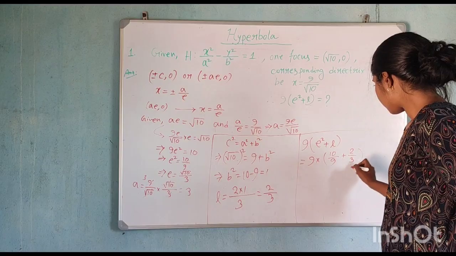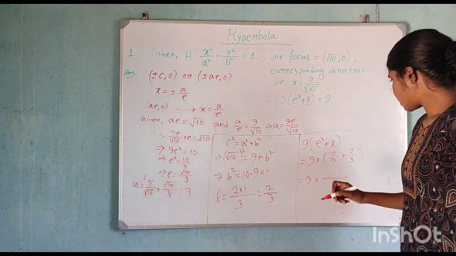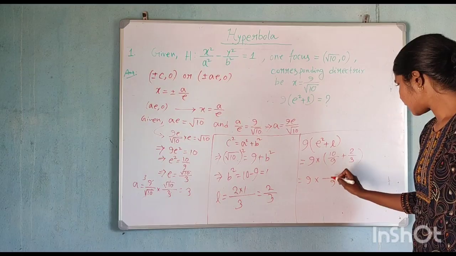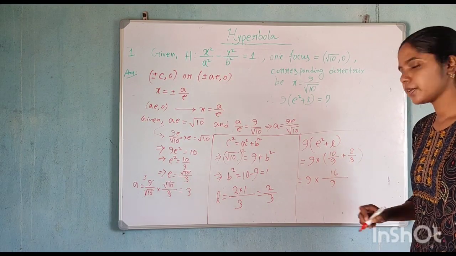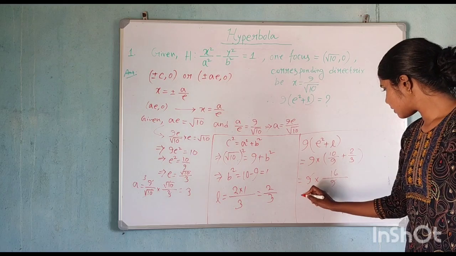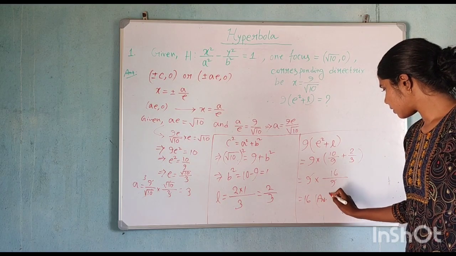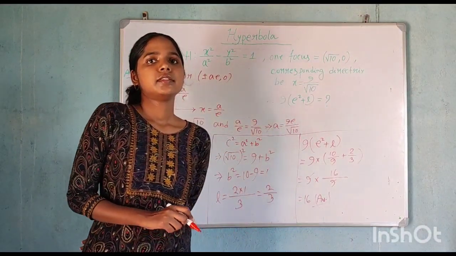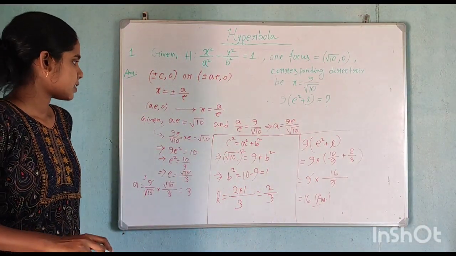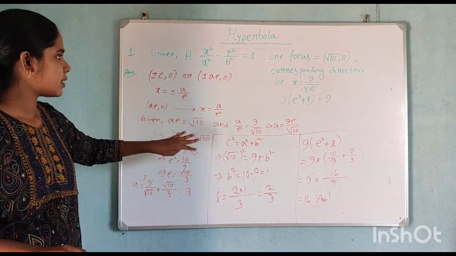So 9 into, do the sum: 10 plus 6, 16 by 9. The 9 cancels out. It will be 16, so this is our answer. You can see the option. So this is our answer. Understand how we have done this process.